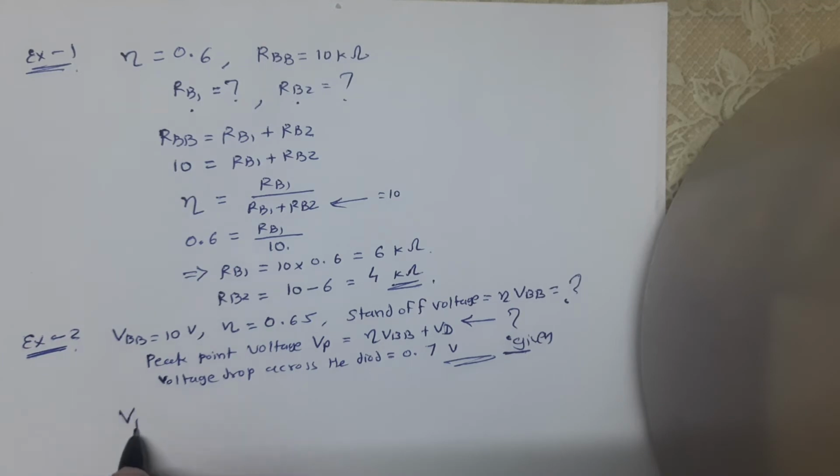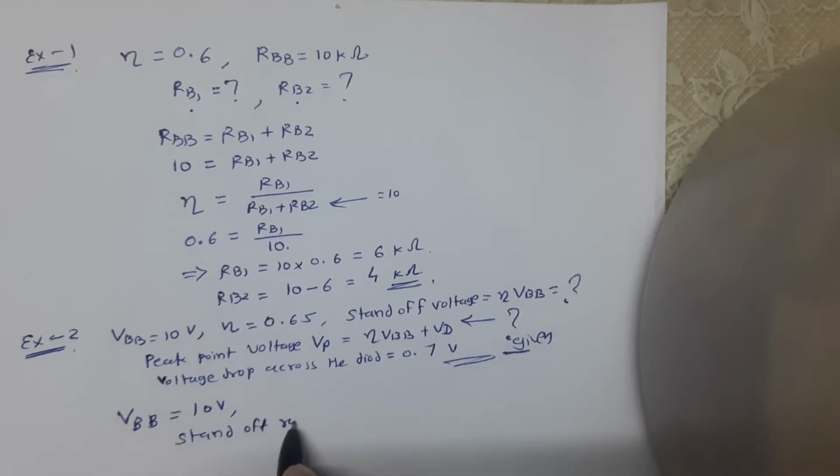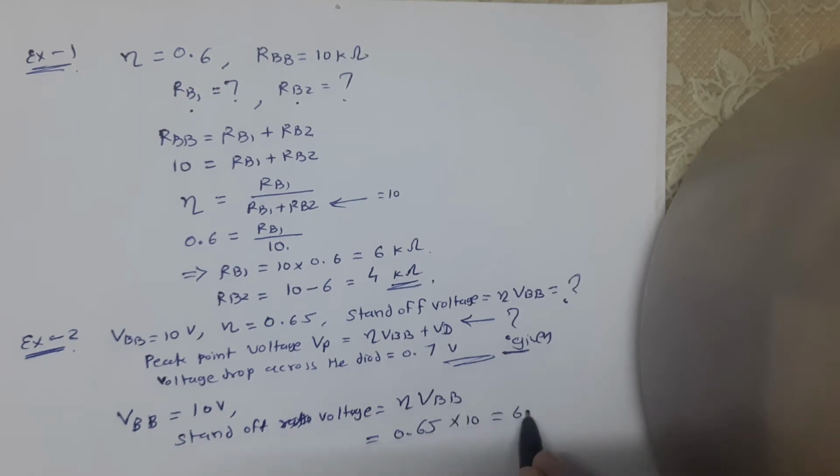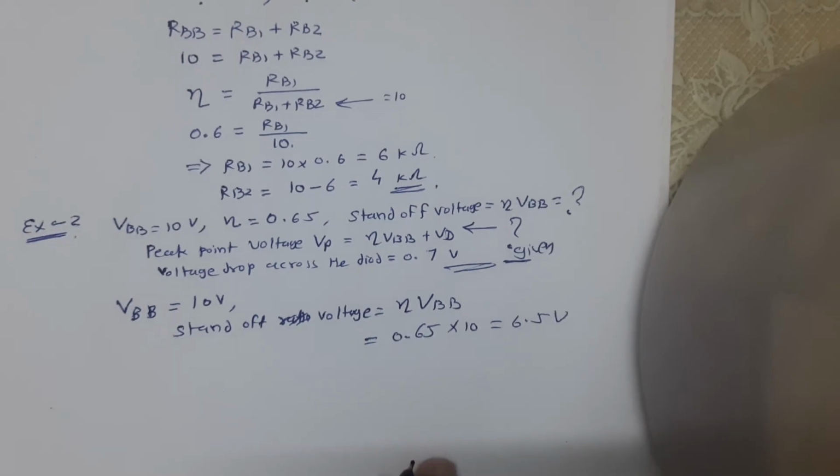So we know that VBB is equal to 10 volt. So the standoff voltage is equal to eta VBB, which is equal to 0.65 into 10, this is equal to 6.5 volt.